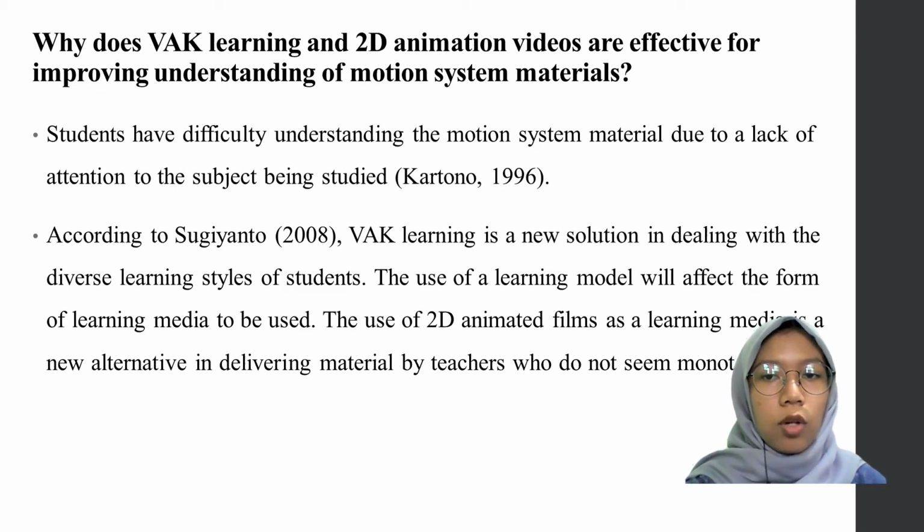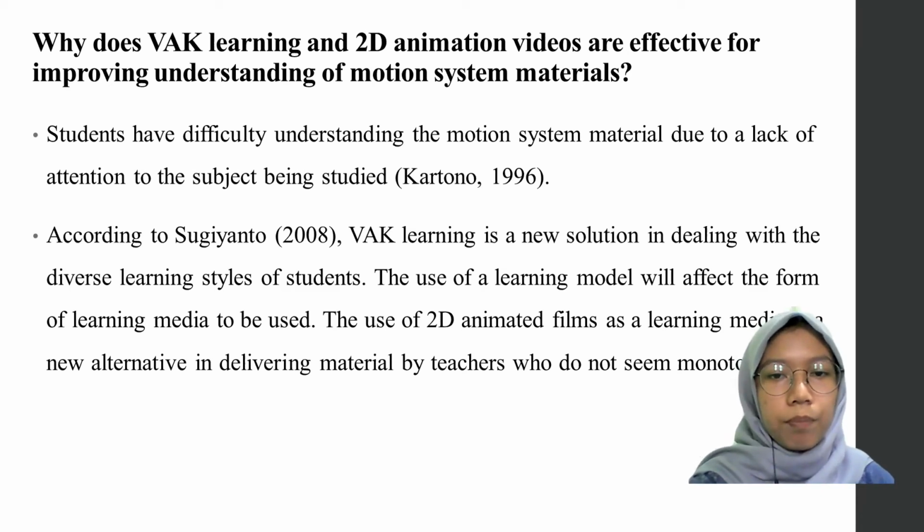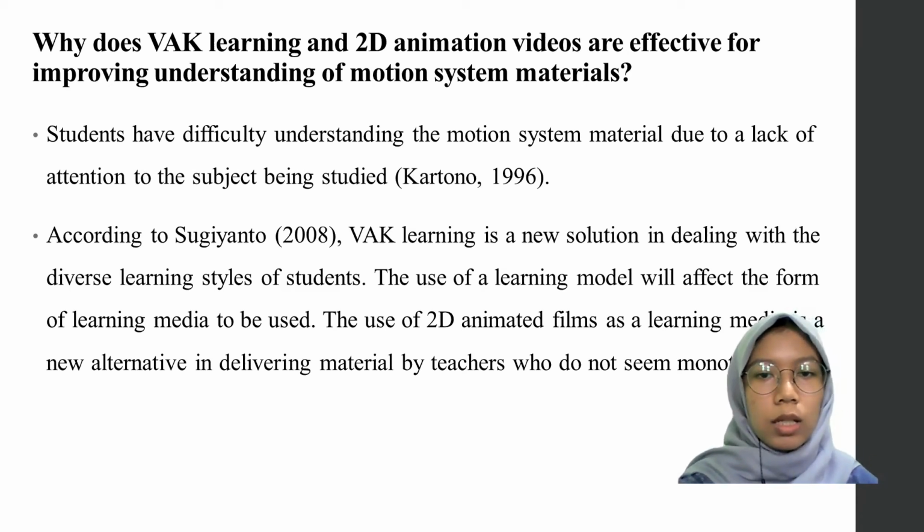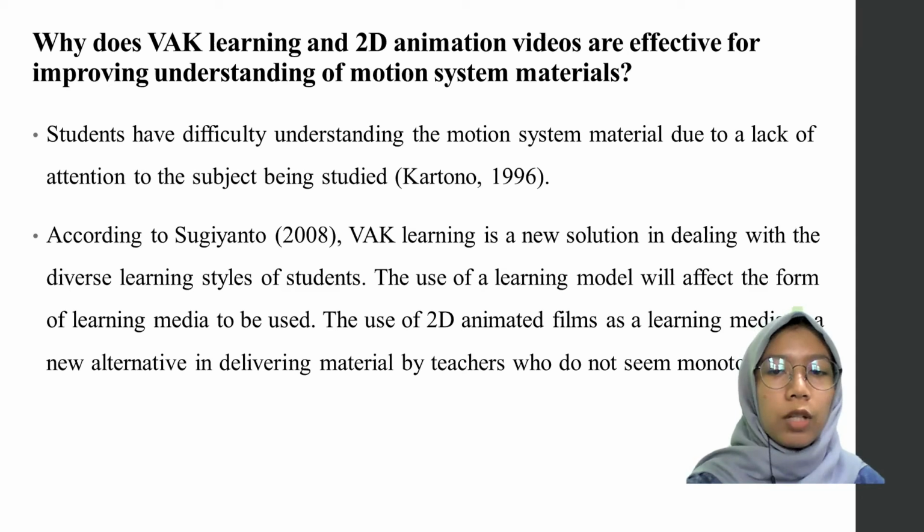And second, students who easily understand information by hearing or conveying it orally use the auditory learning style. The last one is students who can understand the material well by doing physical activities, either by moving, feeling, or touching, then they use the kinesthetic learning style.